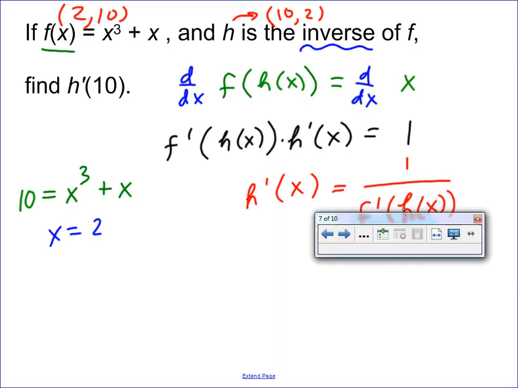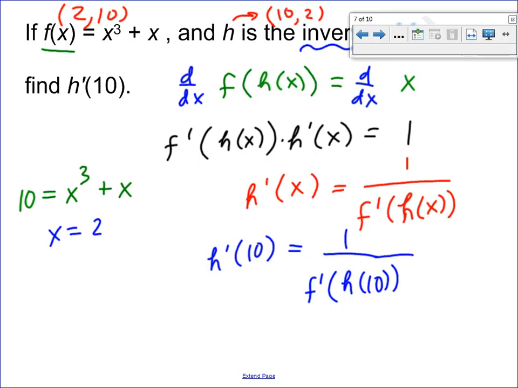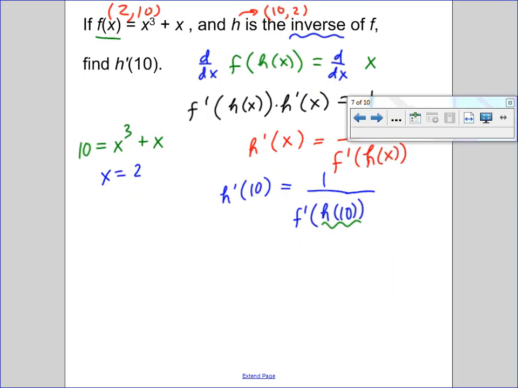Well, we want to find h prime of 10. h prime of 10 will be given by 1 over f prime of h of 10. And h of 10 is equal to what? 2. And so we can replace h of 10 with 2 and finally evaluate. So h prime of 10 is given by 1 over f prime of 2.